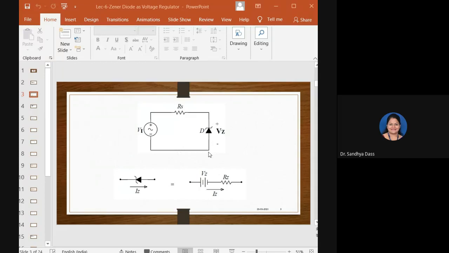Even if there is variation in the input voltage, as long as it is within the minimum and maximum values, the output voltage across the Zener diode will be maintained constant. All these points we saw yesterday.